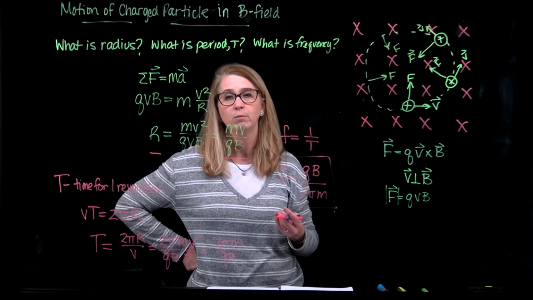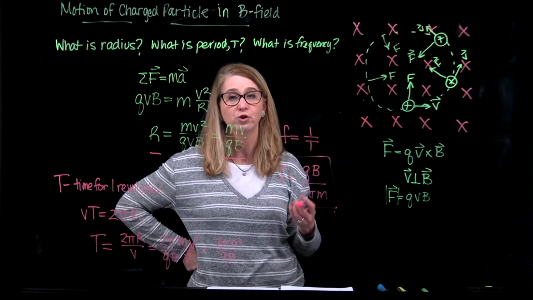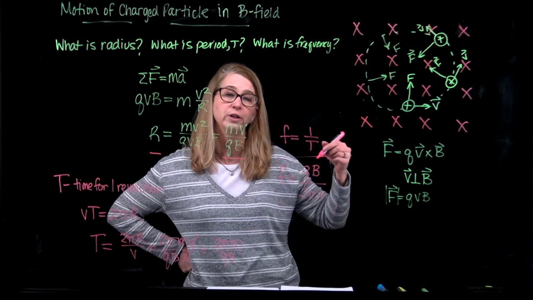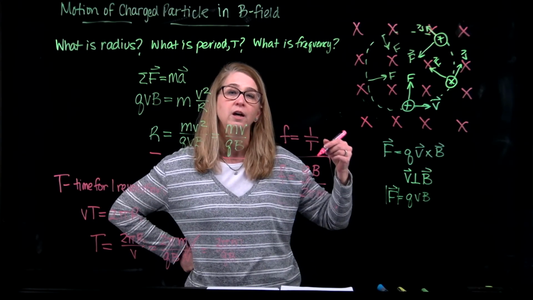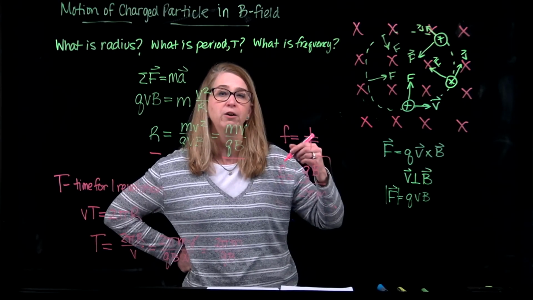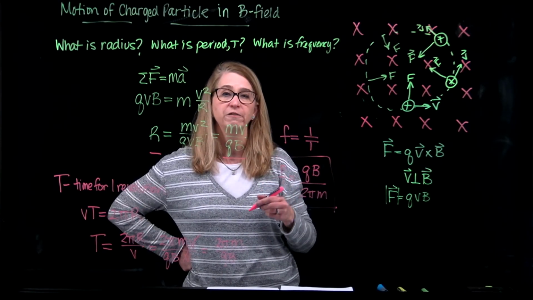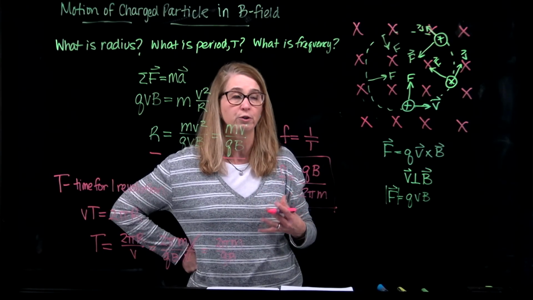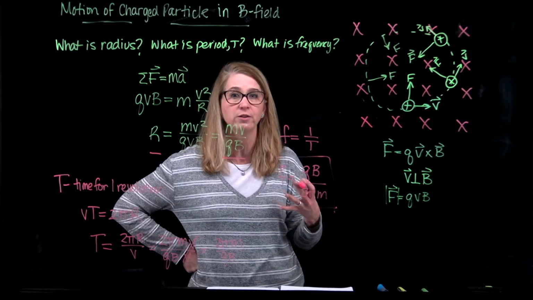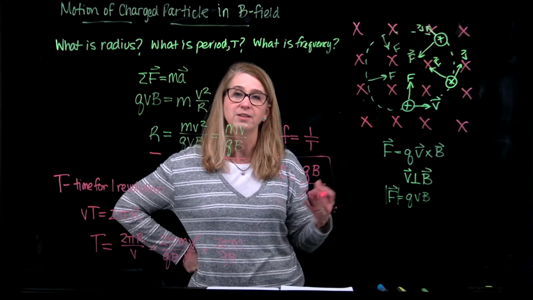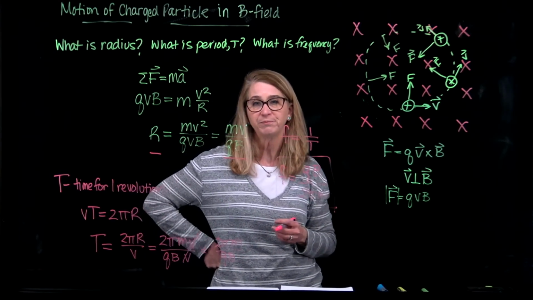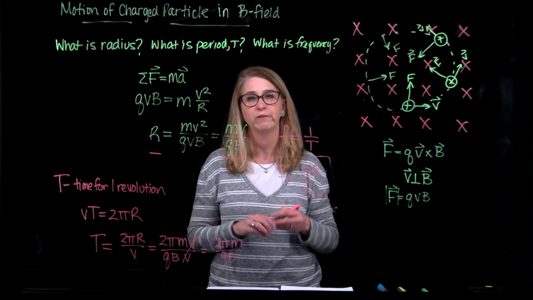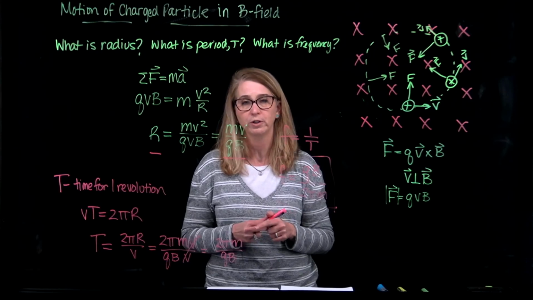That's actually really important when we think of phenomena such as the aurora, because charged particles from space enter into the magnetic field of the Earth and start spiraling down the magnetic field lines until they hit the atmosphere, where those charged particles will excite the gases and cause them to give off light, and that's how we create aurora. So that's just a short little derivation or explanation of the special motion of charged particles in magnetic fields.